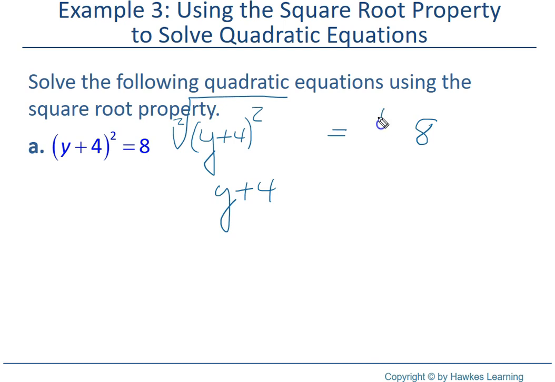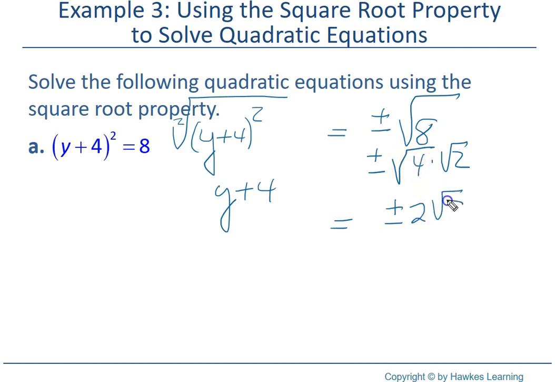And then we take plus or minus on this side the square root of 8. Now you might remember that the square root of 8 was the square root of 4 times the square root of 2. Doesn't that bring back memories? So far then we have here plus or minus 2 the square root of 2. And on this side we have y plus 4.